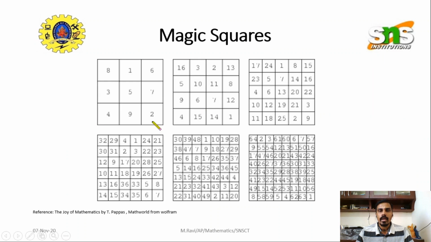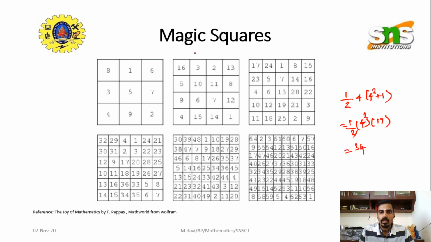So these are all some magic squares. This is a 3 by 3 magic square, and this is a 4 by 4 magic square. For a 4 by 4 magic square, what is the magic number? It is 1/2 into 4 times (4 squared plus 1), which is 1/2 into 4 into 17, so for 4 by 4 the magic number is 34.